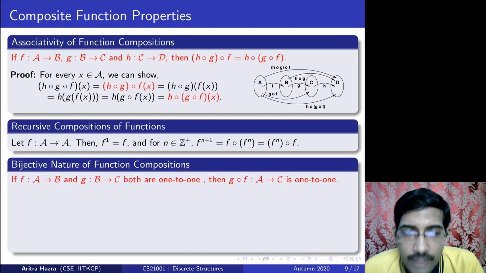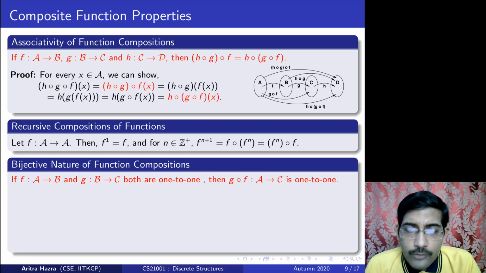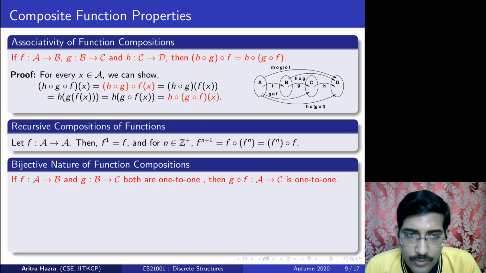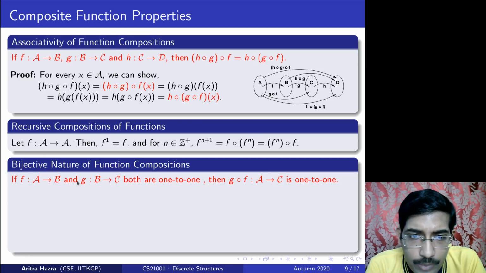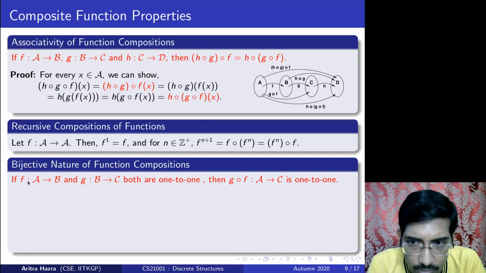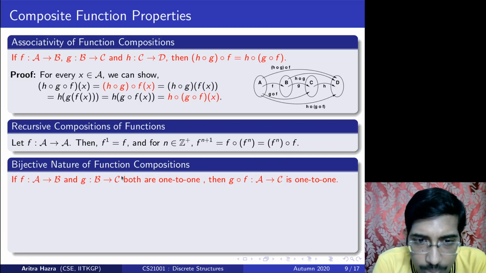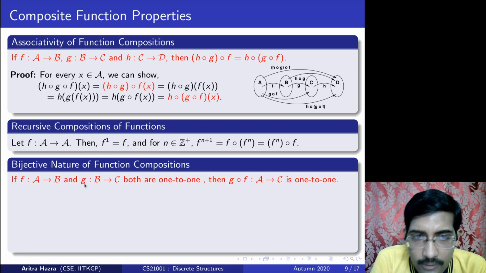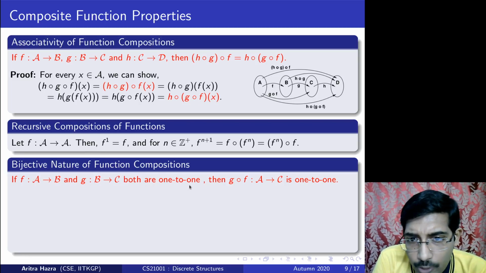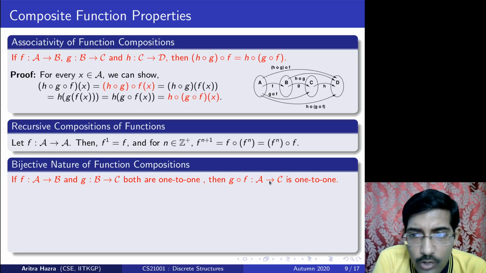To understand the bijective nature of function composition, let us try to deduce certain theorems. If f is a function from domain A to B, and G is a function from B to C, therefore G of f is a function where first you apply f, then you apply G, so it is from A to C. If f and G are both 1 to 1, then G of f is also 1 to 1.